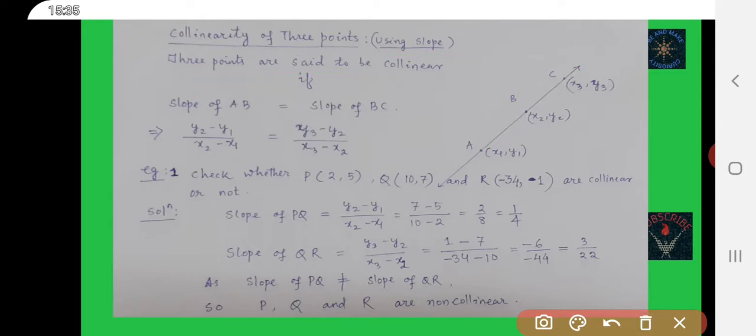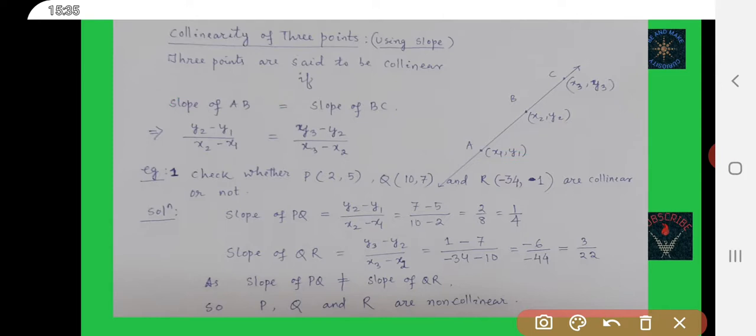So, now you find the slope of AB. The point A is (x1, y1), point B is (x2, y2), point C is (x3, y3). So, slope of AB is equal to y2 minus y1 by x2 minus x1. Here slope of BC is equal to y3 minus y2 by x3 minus x2.